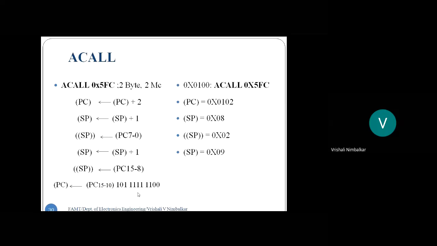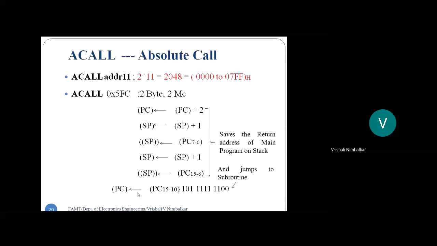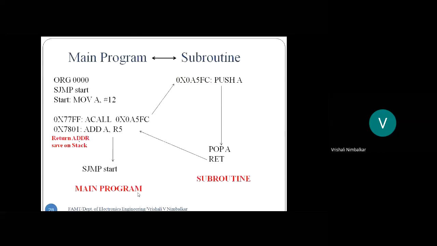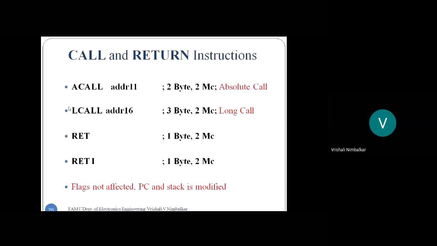Now, there are two varieties of call: one is absolute call and the other one is long call. All the calls are unconditional, right? Absolute call means the subroutine should be available within 2 KB memory space, whereas in long call, the subroutine can be anywhere in 64 KB memory.